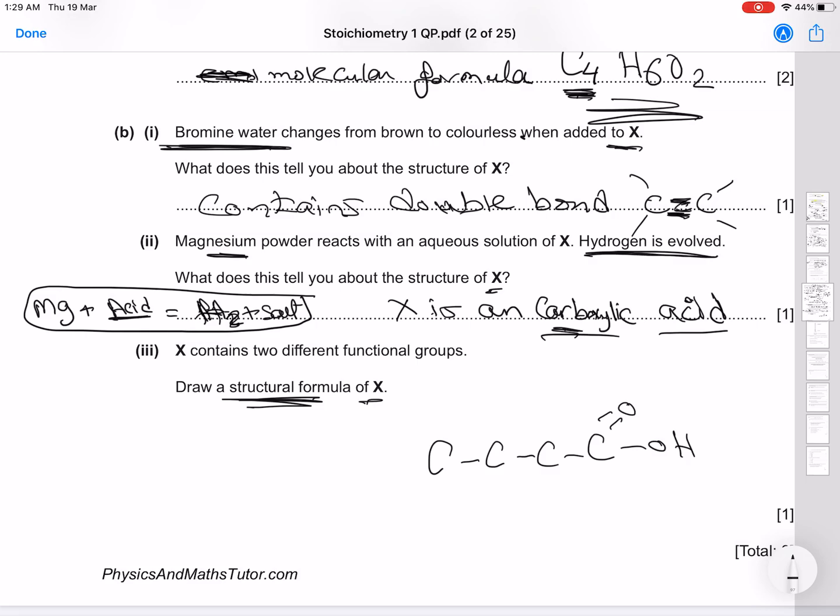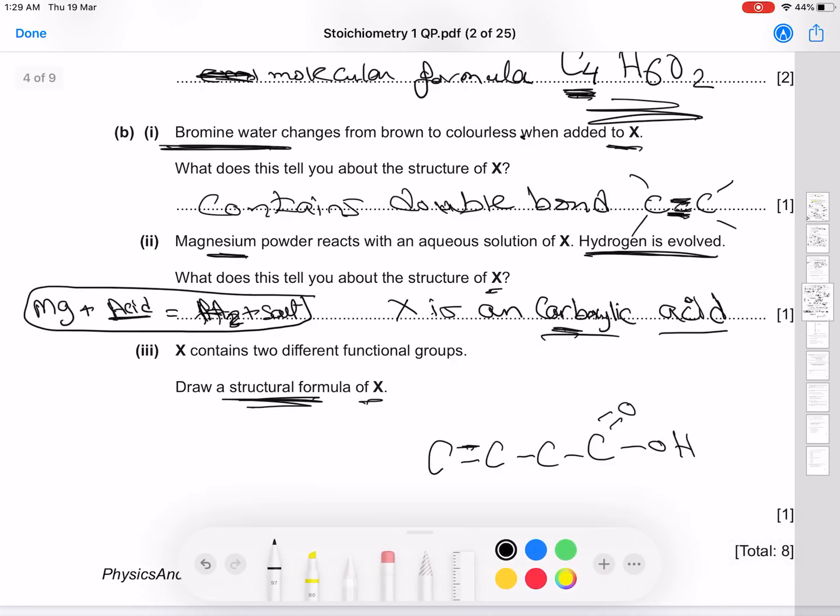you can either put it here, okay? Or if you choose to, let's think, I erased all of it. Let's say another student doesn't want to put the double bond here, she can still put it over there, okay? I have a question. Can I put the double bond over here?